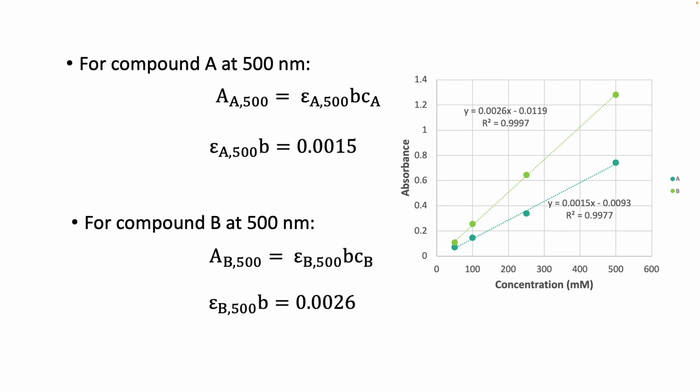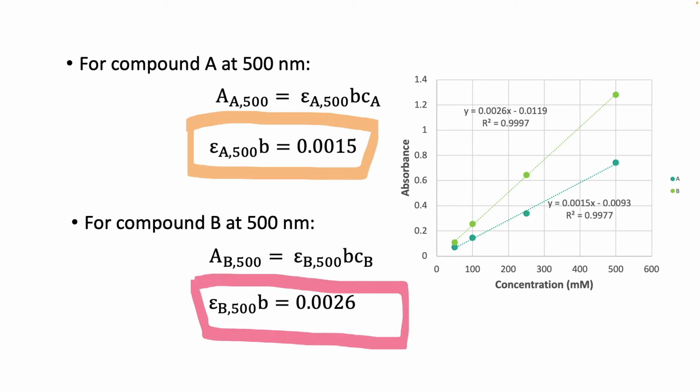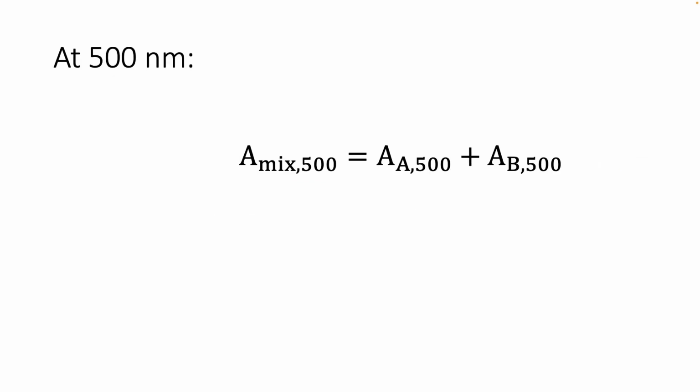And then we can do exactly the same analysis that we did before, where basically we can take the slopes of our lines and say that they equal the molar absorptivity coefficient times the path length. And then we can say the absorbance of our mixture at 500 nanometers is going to be the absorbance of A at 500 nanometers plus the absorbance of B at 500 nanometers.